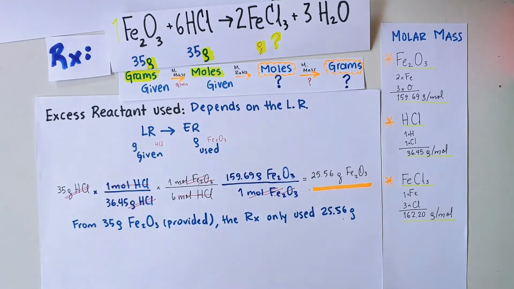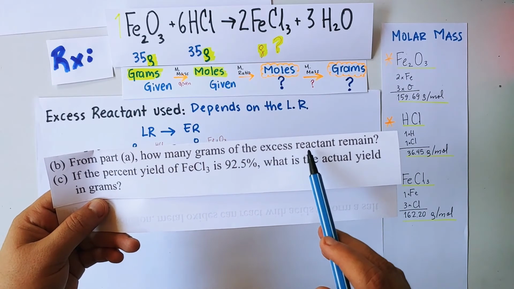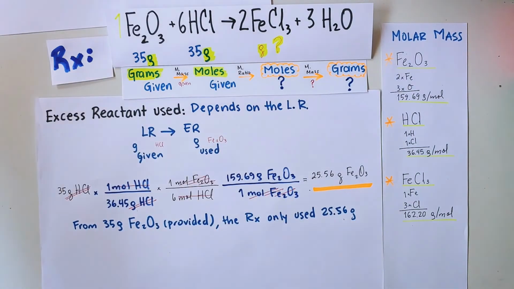So how do you get the excess reactant that remains? Because that's what the problem asks you about. The problem asks how many grams of excess reactant remain. So for this we need to do this procedure.